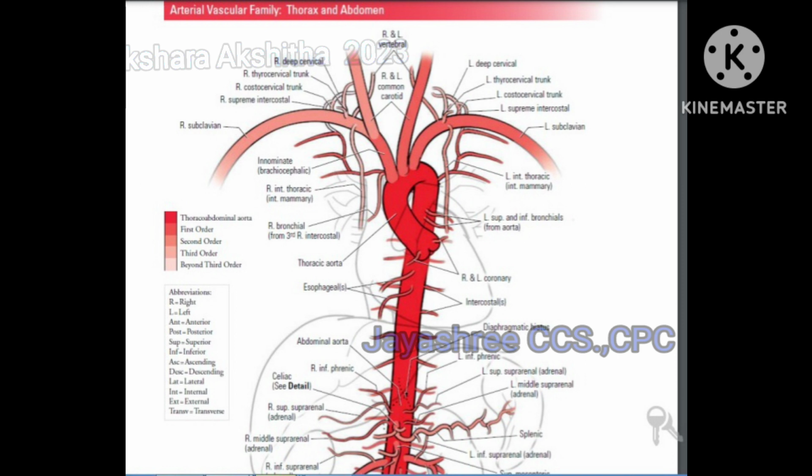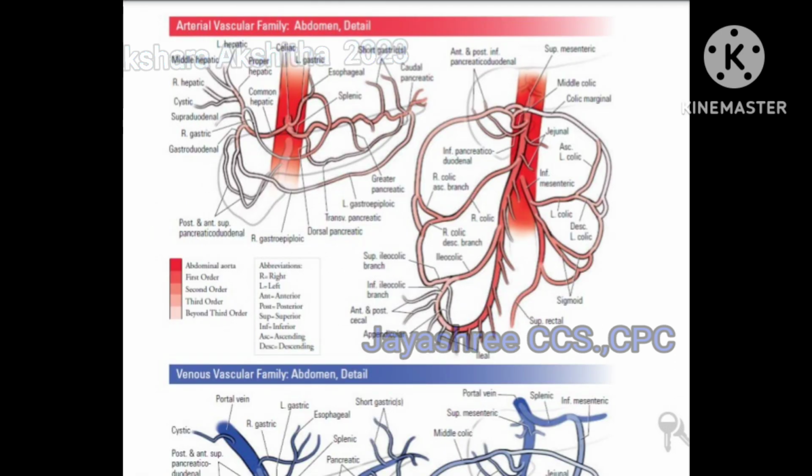Whatever branches come directly from the aorta, all those branches are considered first order. Okay, so first we will see selective catheterization. If the catheter is inserted into the aorta, and that catheter moves to any of the branches, that is considered selective.